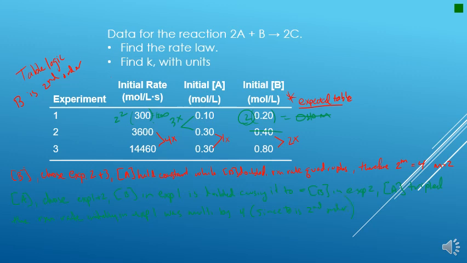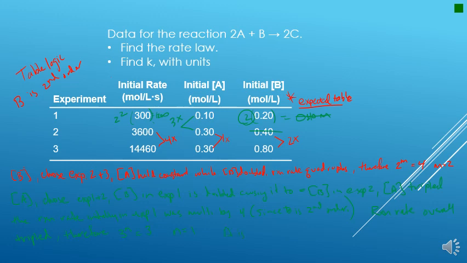And so as we compare 1200 to 3600, the reaction rate overall tripled when the concentration tripled. Therefore, we have 3 raised to the n equals 3, so our n equals 1.